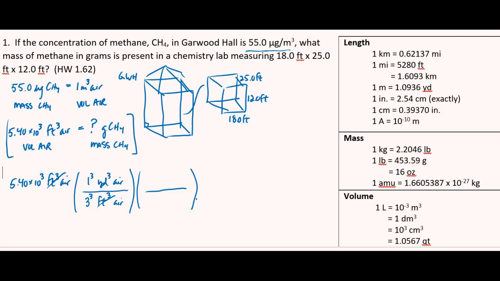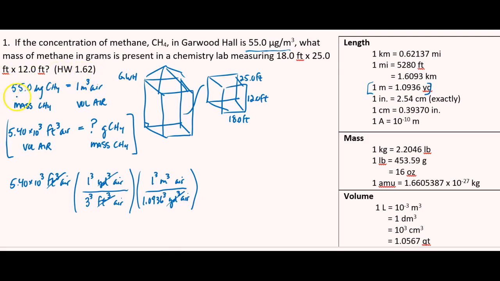And then there's this relationship here: for every 1.0936 yards, there's 1 meter. I'm going to write down my stuff. It's air, but I don't have yards. I've got cubic yards. So cube the unit and the number downstairs, and the unit and the number upstairs. So cubic yards of air cancel.